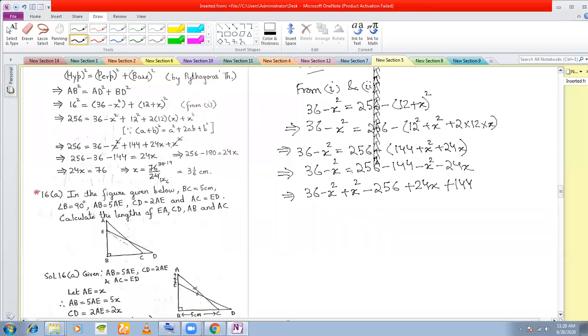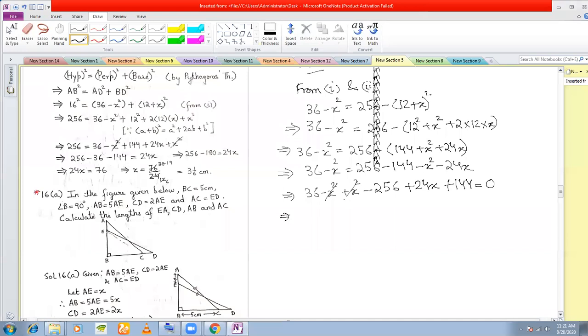Okay, so there are 6 terms: 36 minus x square plus x square minus 256, plus 24x plus 144. Yes, there are 6. This must be equal to 0.